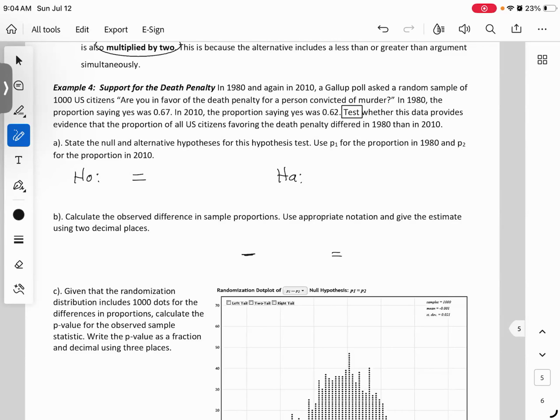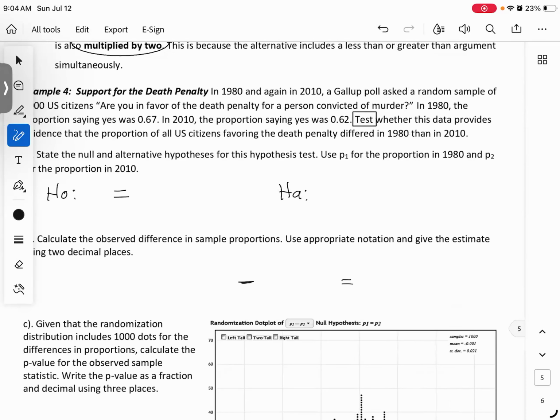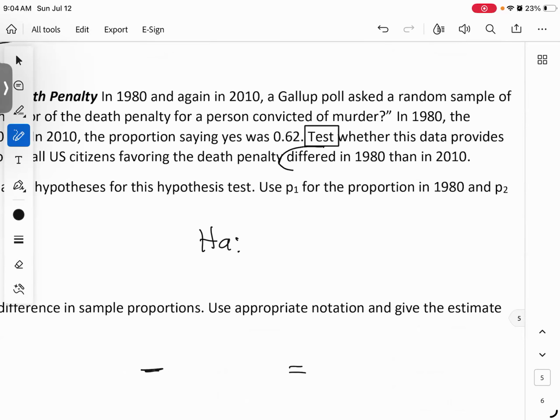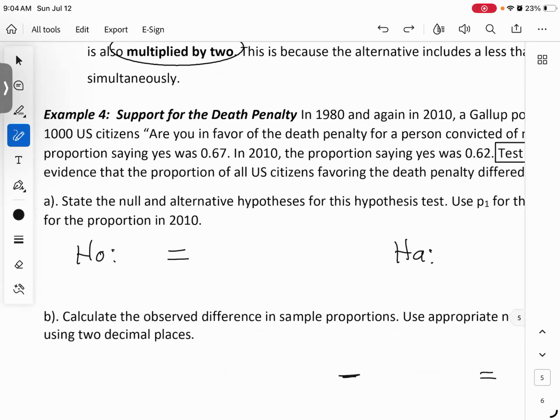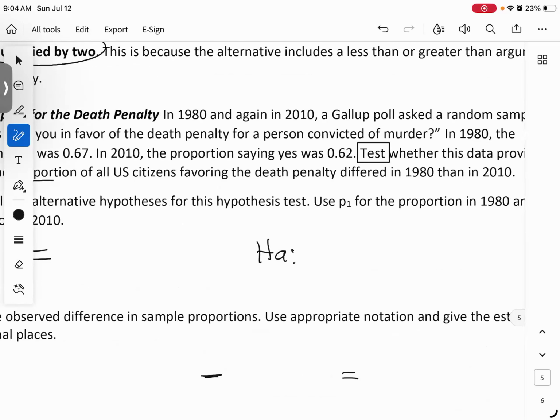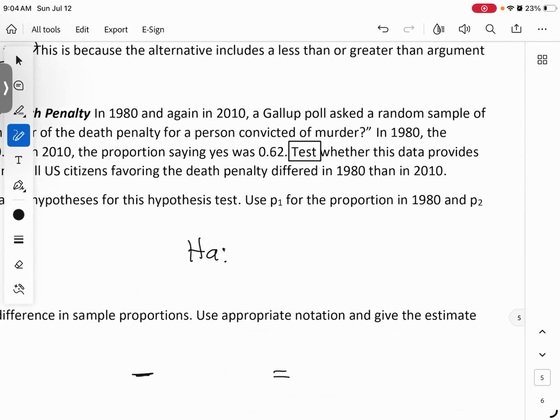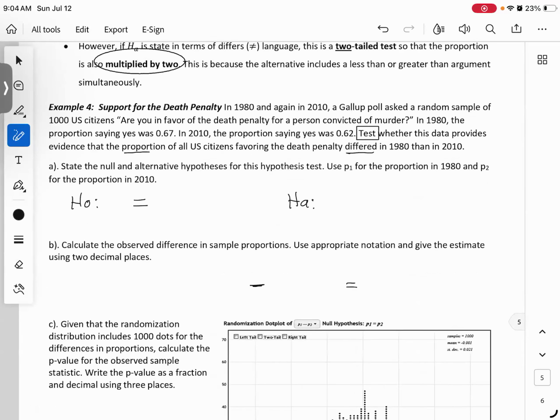And so someone wants to test to see whether there's enough evidence to say there's a difference. I'm just going to underline: they want to check to see whether the proportion of those in 1980 differs from those in 2010. And this one also helps us out.